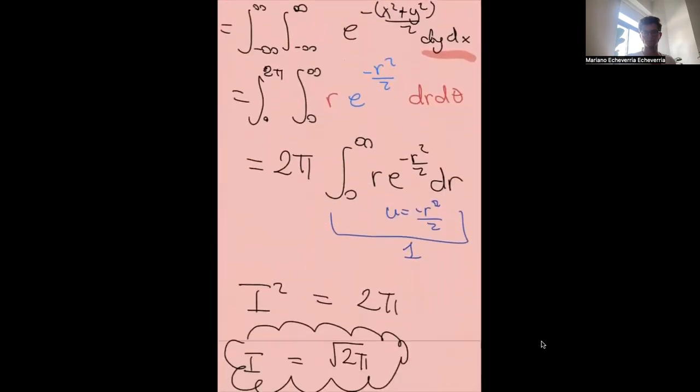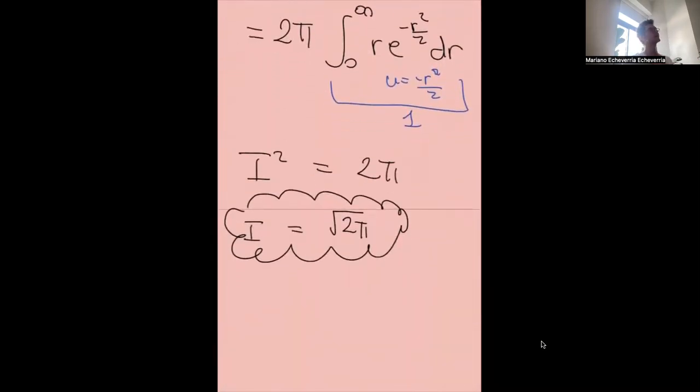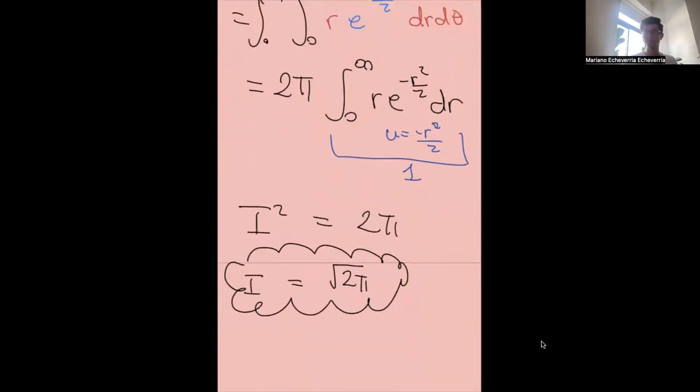Is that okay? So what that means is that if you just take the function that we started with and divide it by its value of the improper integral, you will get a probability density function. This is called the normal distribution.